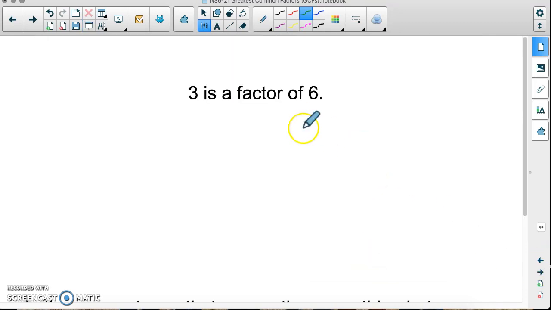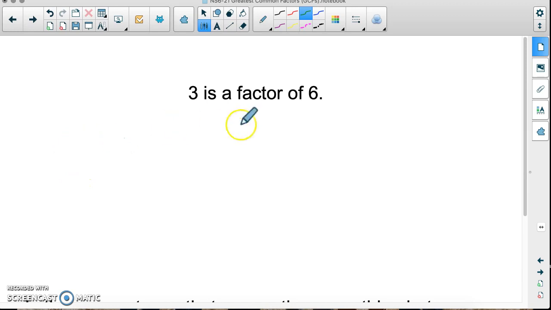So here we have 3 as a factor of 6. So let's remember that 3 is a factor of 6 precisely because there is a number that multiplies with 3 to get to 6. So that is exactly what it means for 6 to be a multiple of 3. So let's show this in a sentence then.